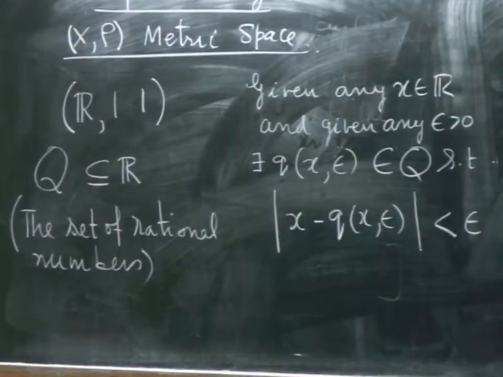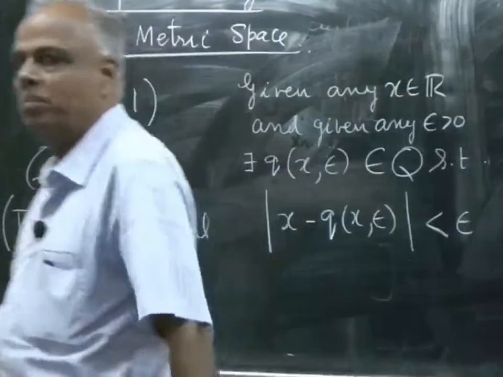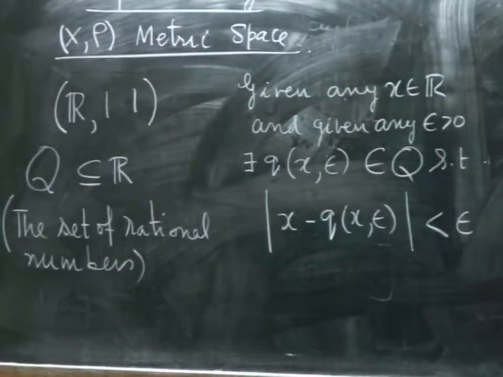This is the intrinsic property of the real numbers that comes from the way the real numbers are created. They are themselves created by approximating through rational numbers. So given any real number, we can approximate it within any accuracy we want by a rational number.